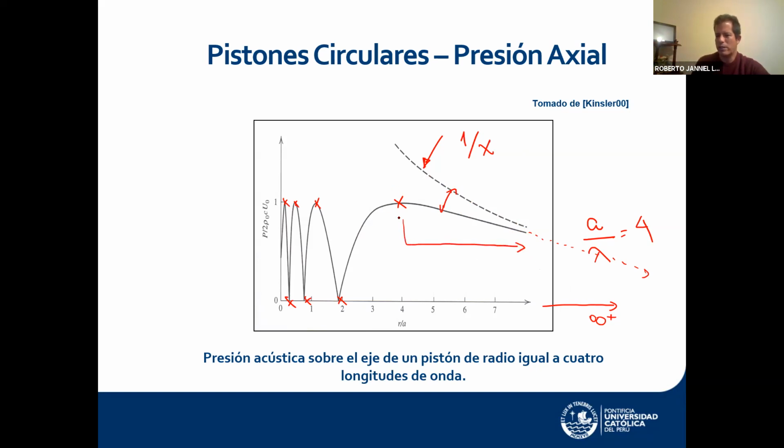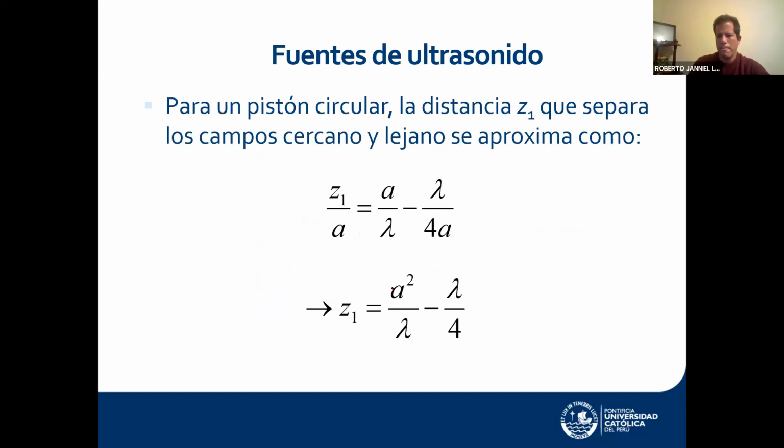But we can study this point in here first, which in this plot happens at distance divided by radius equal to 4. And you can go back to that horrible solution that we had for the pressure along the axis of the transducer, and you should be able to derive that this would have to hold: z1 would be equal to a squared divided by lambda minus lambda divided by 4.